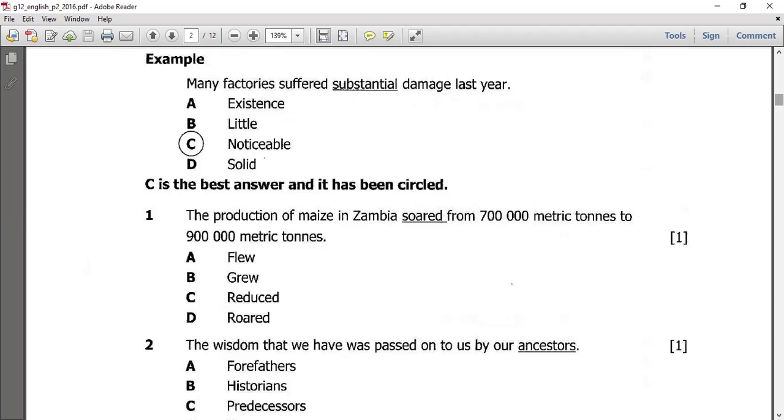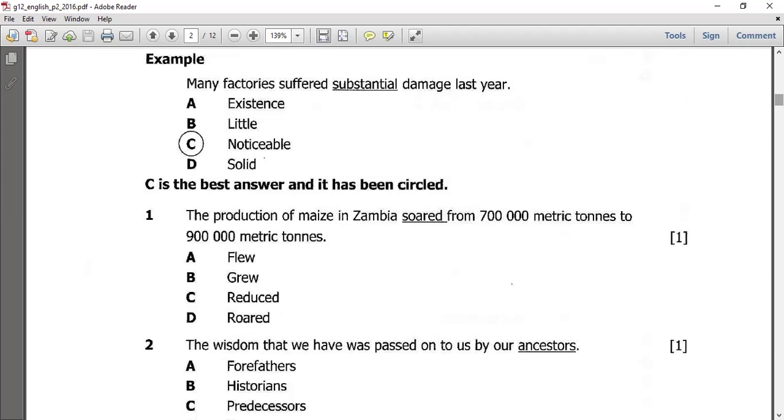The question says the production of maize in Zambia soared from 700,000 metric tons to 900,000 metric tons. Is the correct answer flew, grew, reduced, or rolled? Reduced and rolled don't fit.